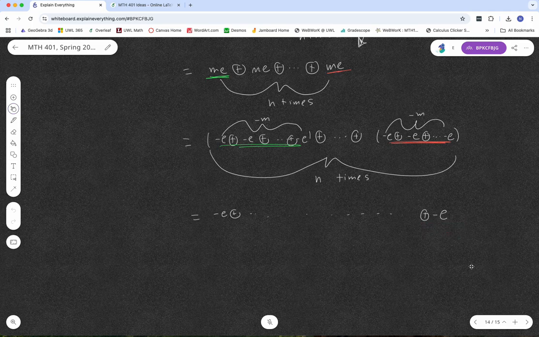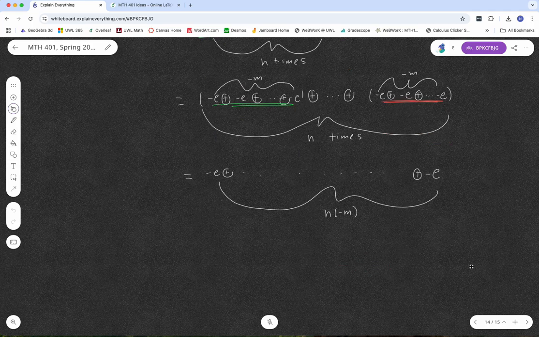We have n times negative m negative e's, which is the same as negative m times n negative e's, which is m times n e, which is phi of m n.